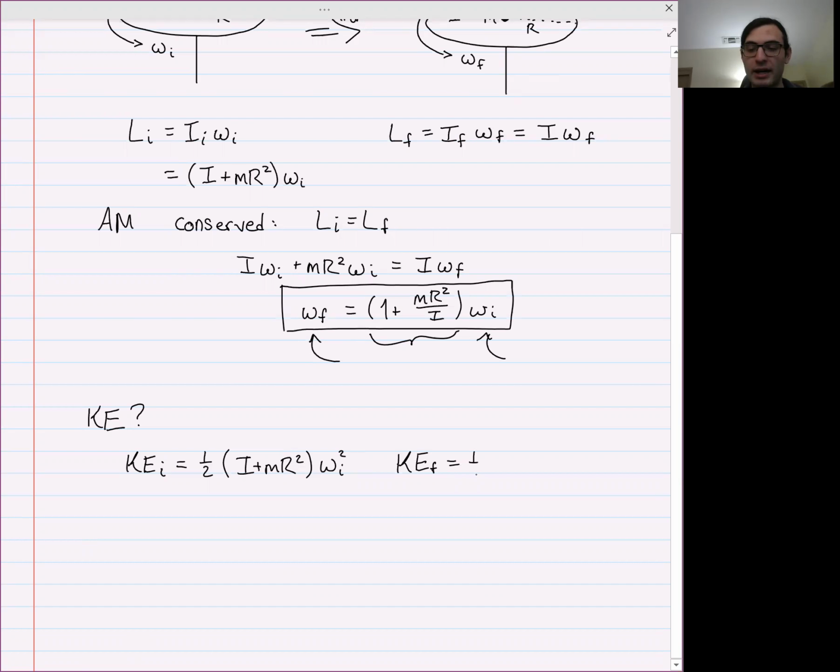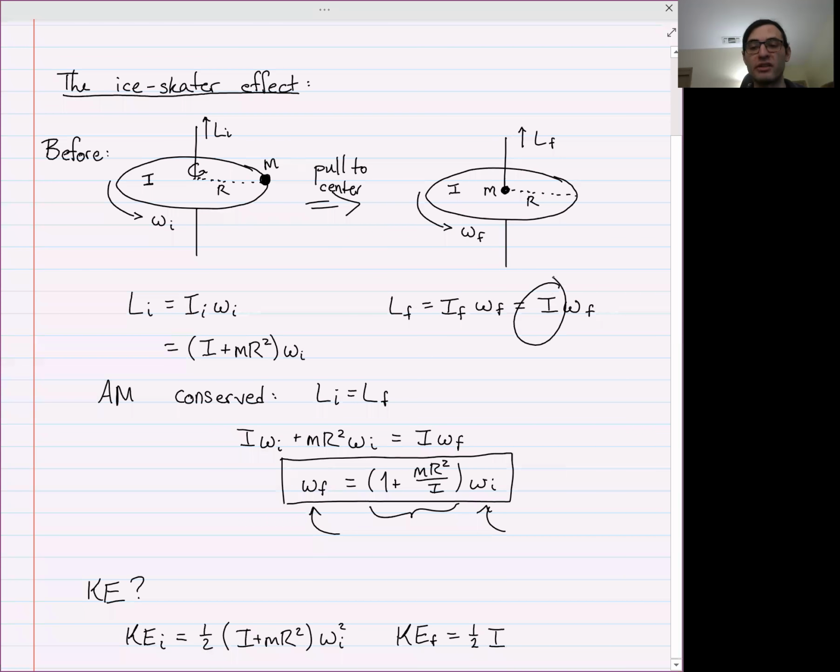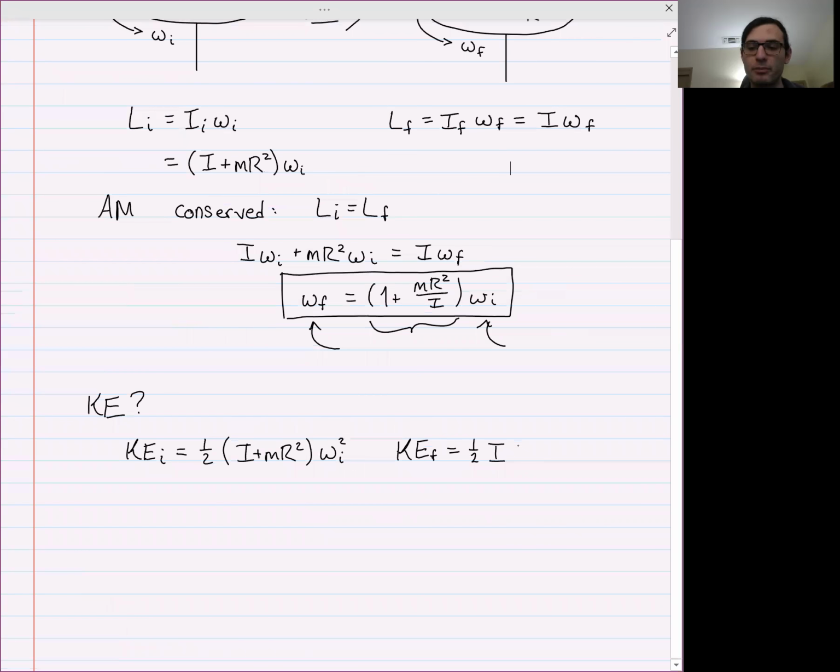So it's 1/2 I, because the moment of inertia in the final situation is just the moment of inertia of the disk, but the angular speed here is different. It is given in terms of omega_i as (1 + mr²/I) omega_i, so it's 1/2 I times (1 + mr²/I)² times omega_i squared, right? All I did was substitute in what omega_f is, the final angular velocity, and then square it.